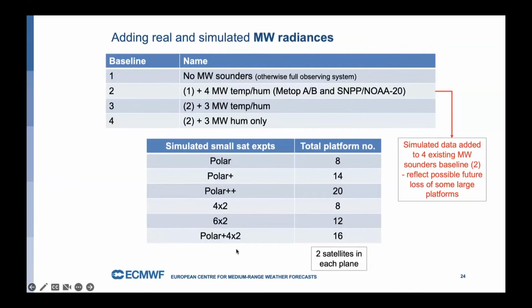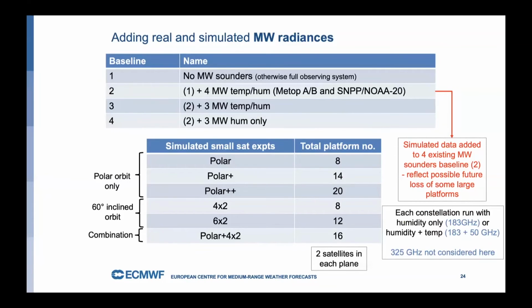And there are different constellations: only polar orbiters, or 60 degrees inclined, or a combination of those. And if you really want to read up on this a bit further, I really recommend reading her final report, which just came out yesterday, and it's listed in the references. And she added only humidity and temperature channels to see the impact.